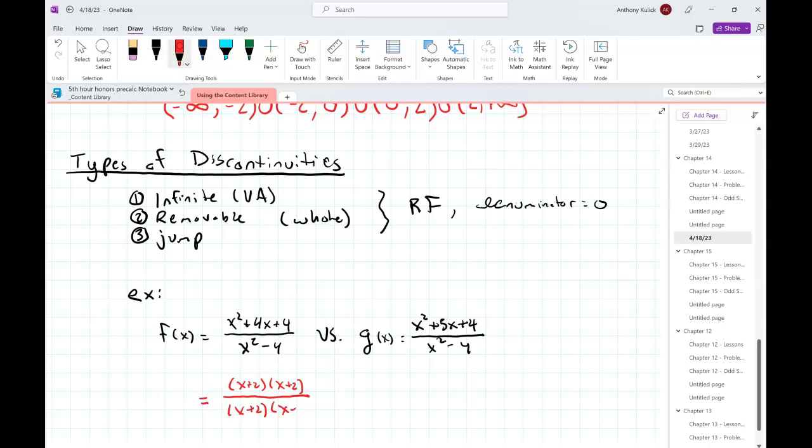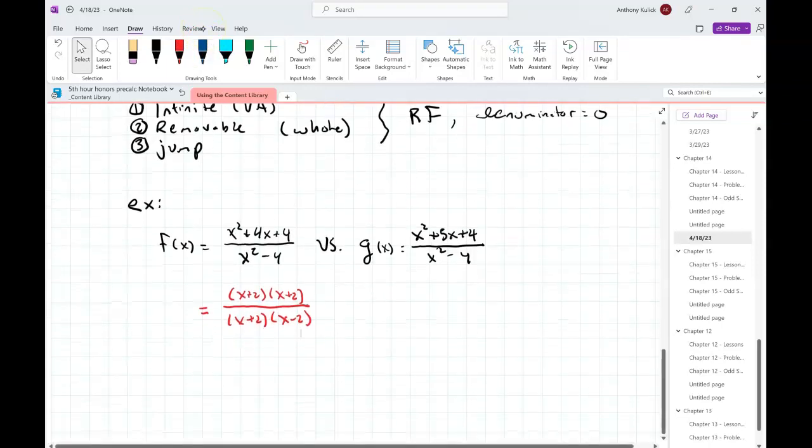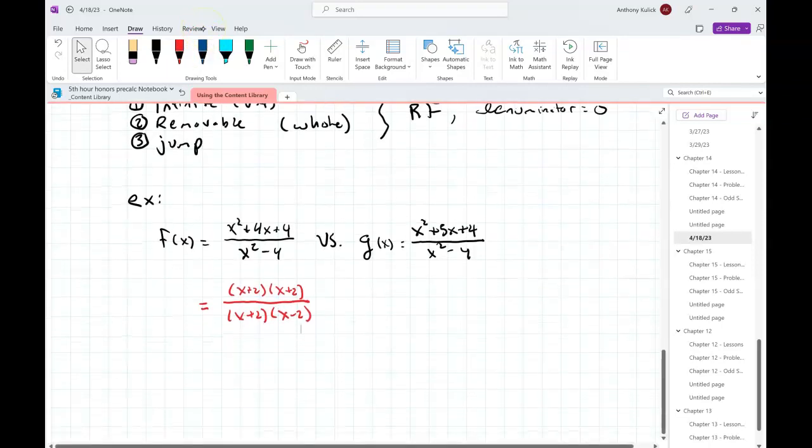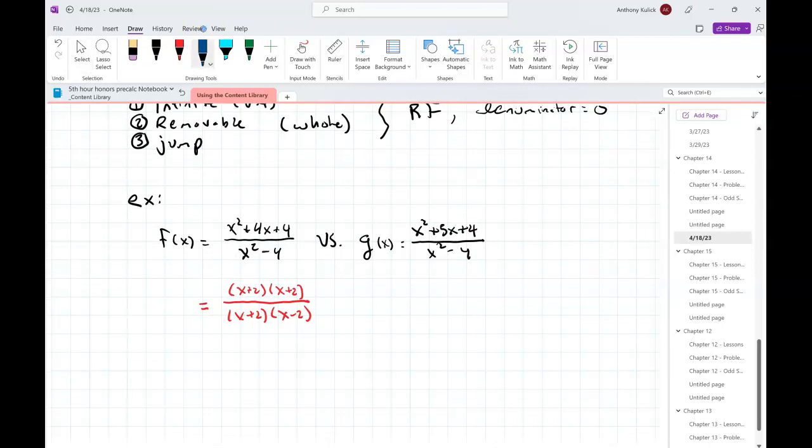Joey told us that. Now, once I've written this in factored form, what do you notice we can do? I can reduce, right? What can I reduce? How many? Excellent. One from the numerator, one from the denominator.